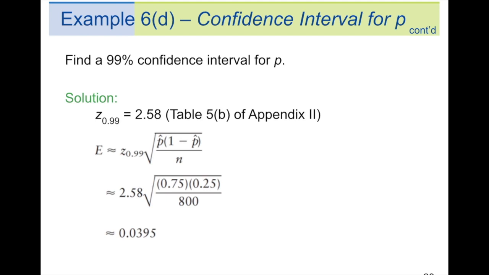So in the table in the front of your book on the flappy thing, you can see that the critical value for 99% is 2.58. So to find the margin of error, we do 2.58 times the square root of 0.75 times 0.25, all divided by 800, and we get 0.0395.